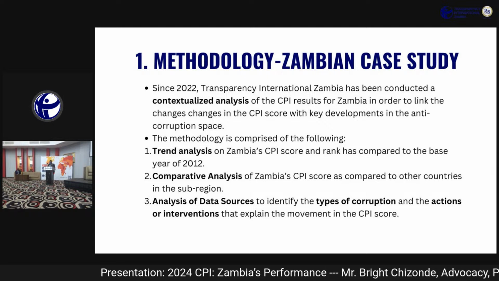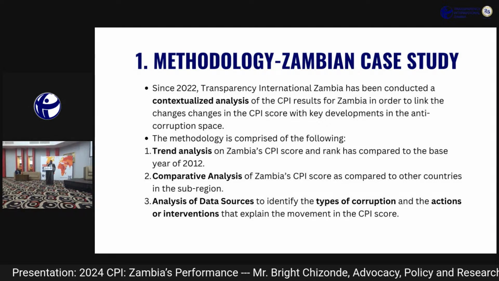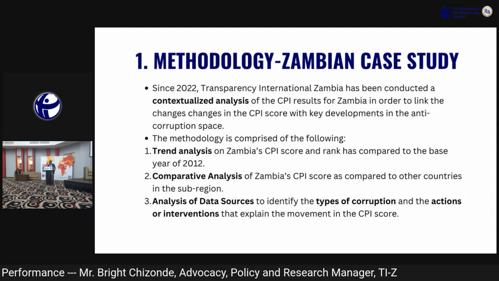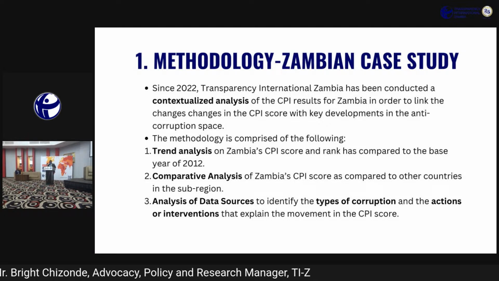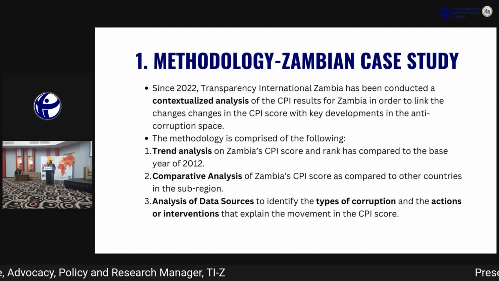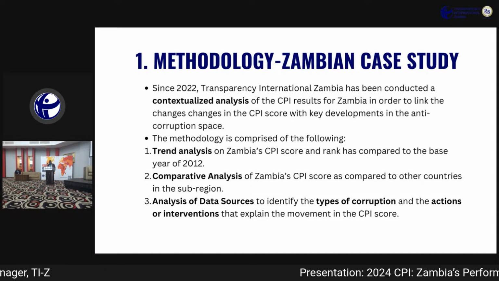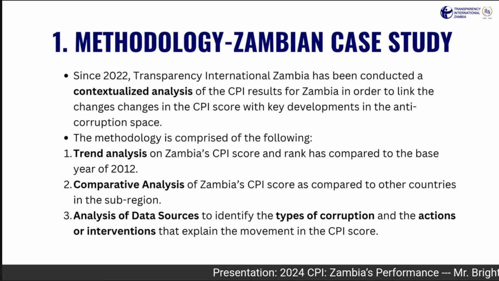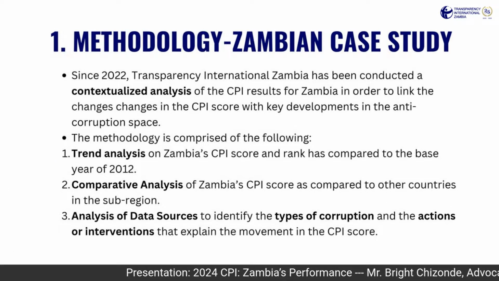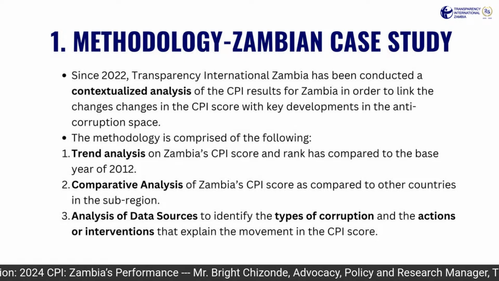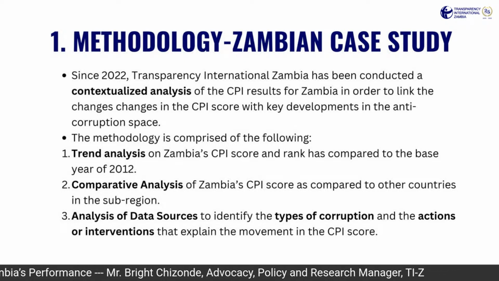So since 2022, Transparency International Zambia has been conducting a contextualized analysis of the CPI results for Zambia. This is in order to link the changes that we observed in the CPI score with key developments in the anti-corruption space. So we want to see the link because it's not just enough to say Zambia's score has improved or declined, but what is the reason, what is behind this particular change.